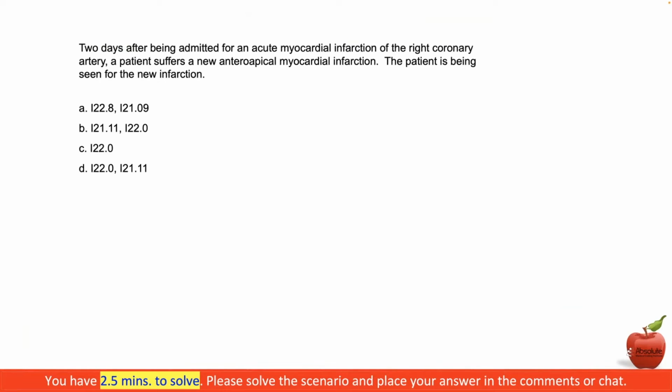The patient is being seen for a new infarction. A, I22.8, I21.09. B, I21.11, I22.0. C, I22.0. D, I22.0, I21.11. Two days after being admitted for an acute myocardial infarction of the right coronary artery, a patient suffers a new anteroapical myocardial infarction.